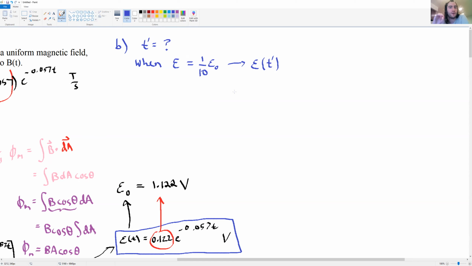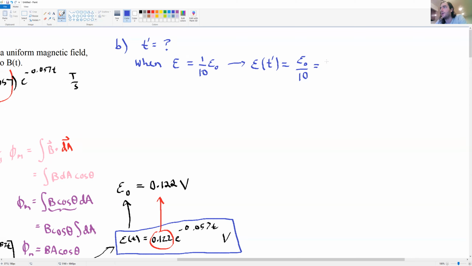So we're not looking for the function of t, we're looking for some specific time, t prime, when this thing is equal to E0 over 10. And of course, that is going to be, oh, I accidentally wrote a 1 right here for E0. Let's fix that up. So that's 0.122.